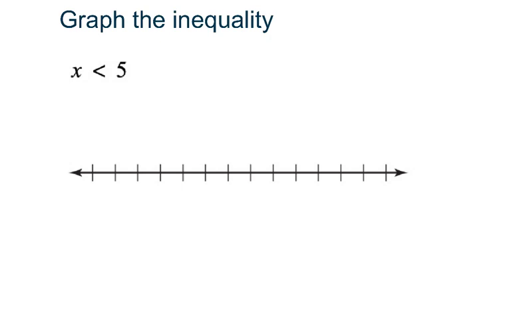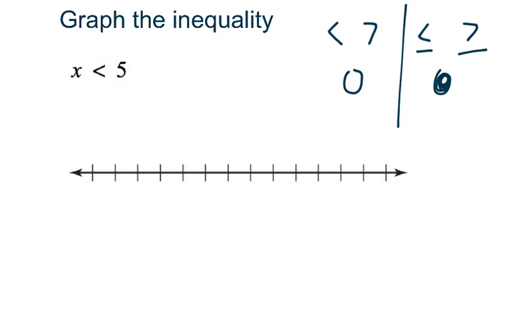Okay, the last thing that's super important with inequalities is being able to graph them on a number line. Now, going back to that table that we talked about at the beginning, less than or greater than, you graph those with an open dot because those do not include the value you're talking about. Less than or equal to or greater than or equal to, you graph that with a closed dot because it can include that value.